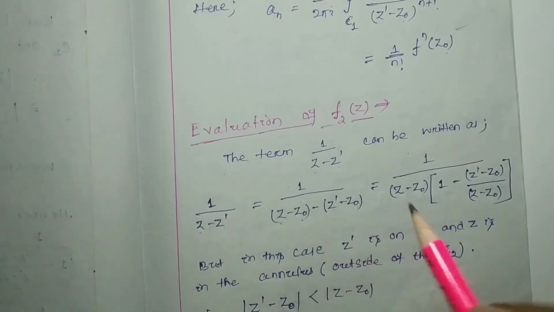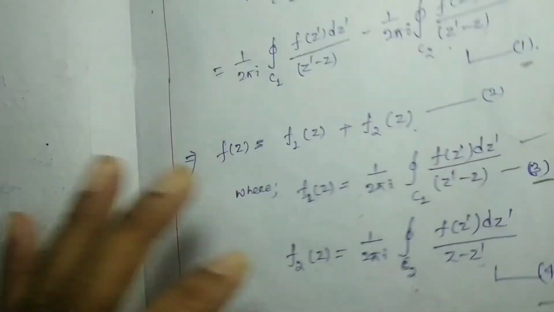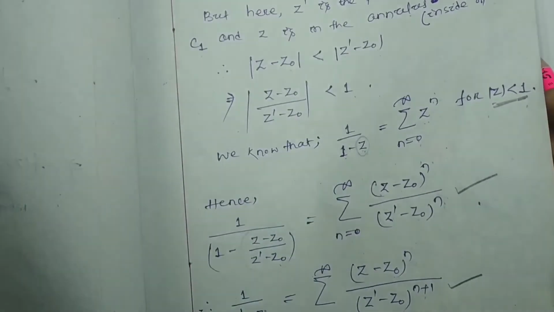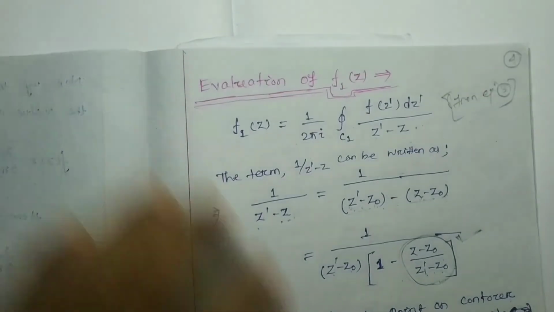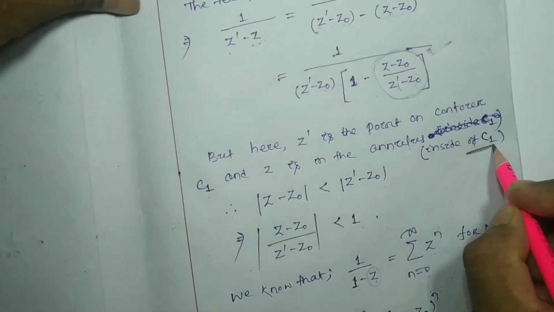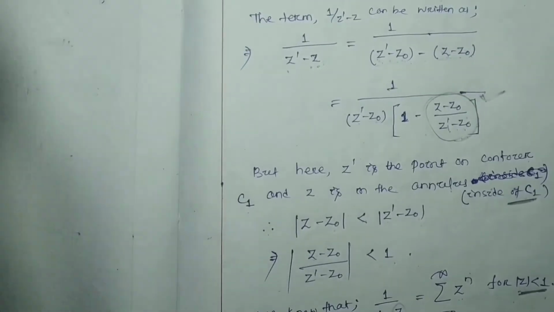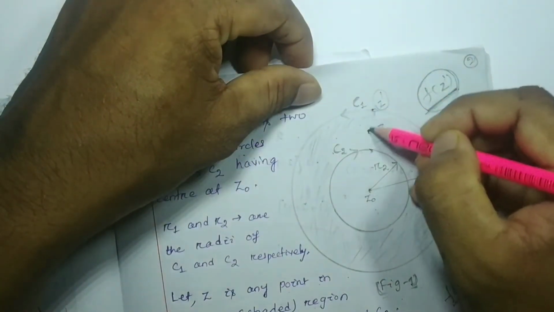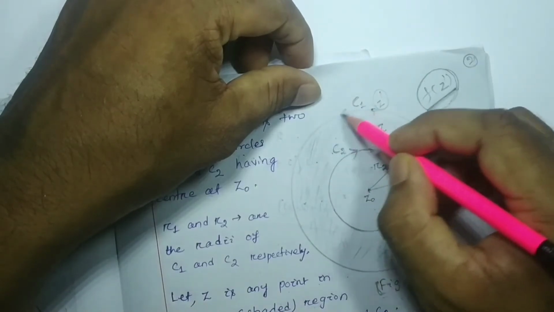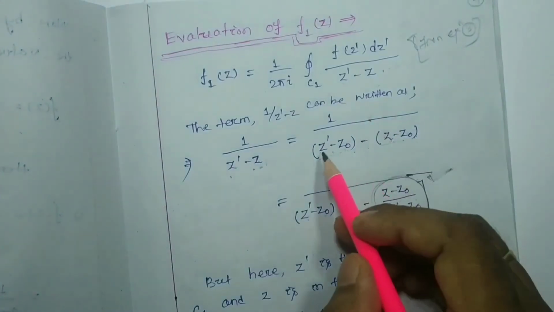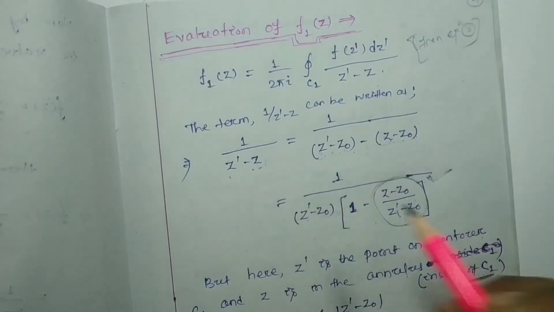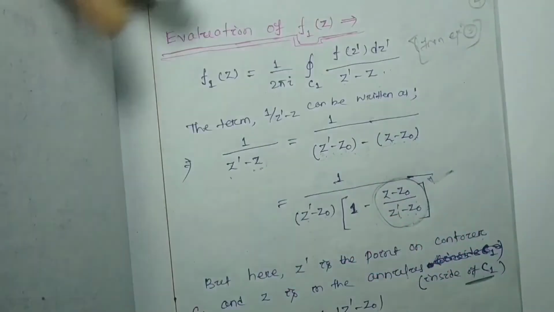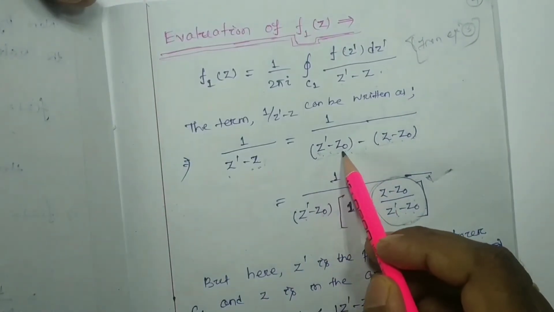This is most important. Whenever we consider f1, that means C1, when we consider the outside circle and the corresponding z, we wrote z' minus z as (z' minus z0) minus (z minus z0).